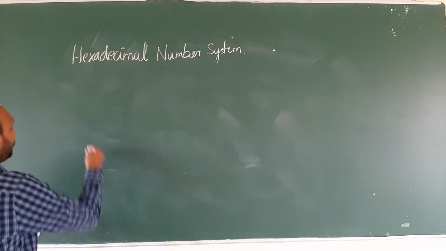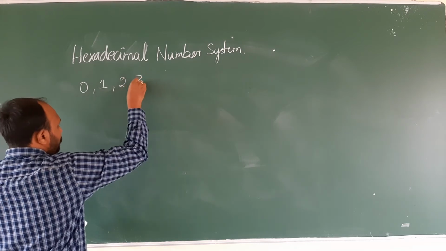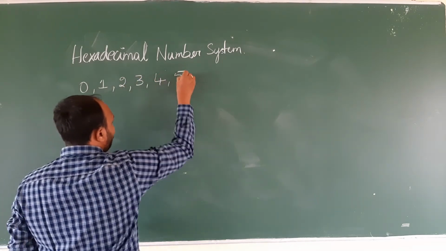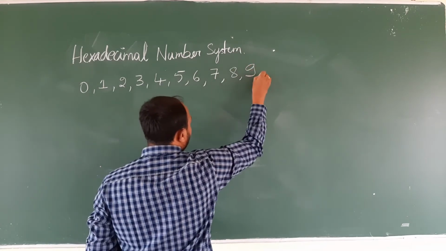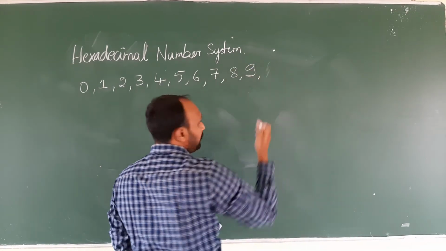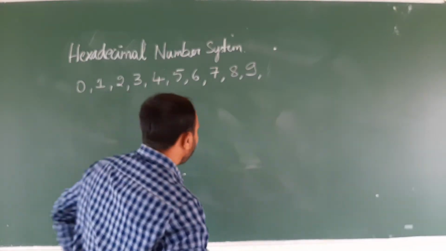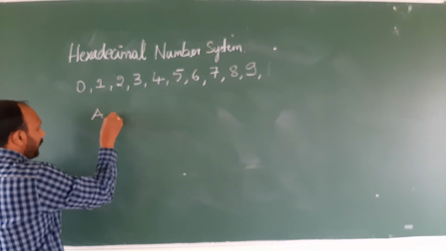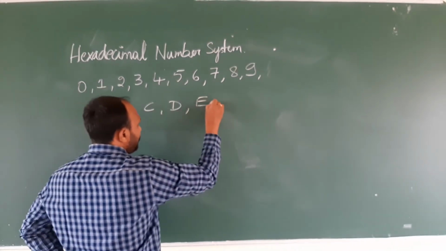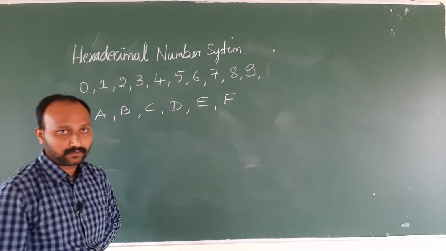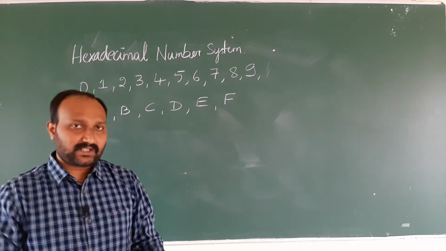Please notice here 0, 1, 2, 3, 4, 5, 6, 7, 8, 9. 10 is not there. So totally 0 to 9 digits, followed by A, B, C, D, E, F. In total we will be employing 16 digits.